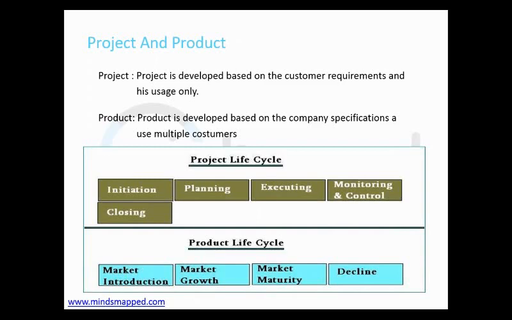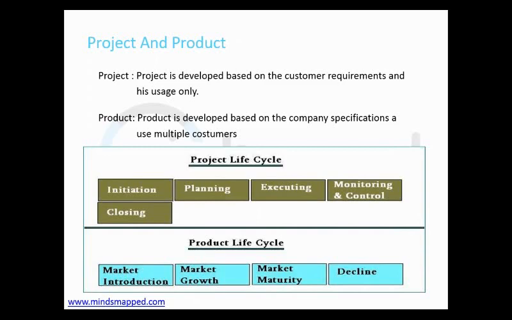That will be a project, because we are creating it for that customer. They give the requirements: I want to scan the code, I want to apply promotions, I want credit card and debit card options, so everything should be there. Based on those requirements we develop for that particular customer. That is a project.